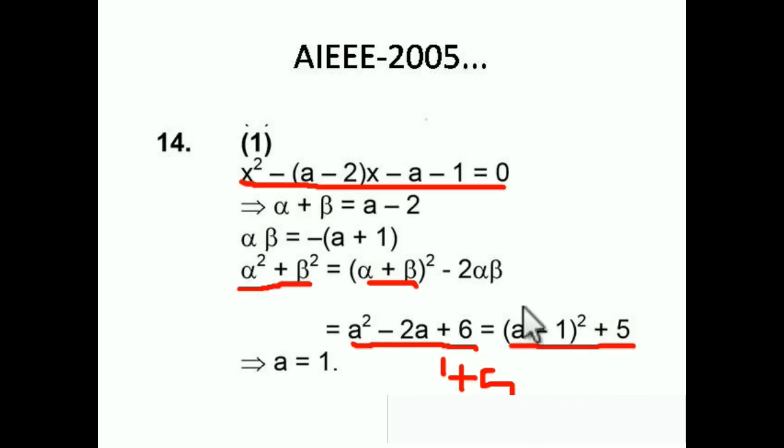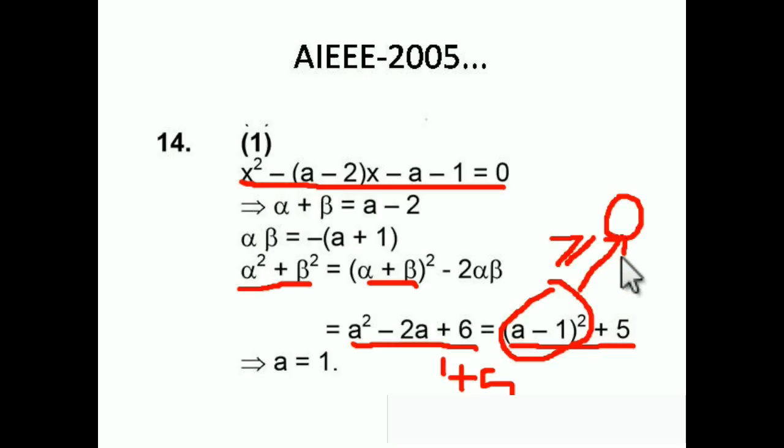What is the value of (a minus 1) whole square? It's always greater than or equal to 0. So if we take the minimum value, it can only be 0. So the minimum value of (a minus 1) whole square is 0, and the minimum value of alpha square plus beta square is equal to 5.